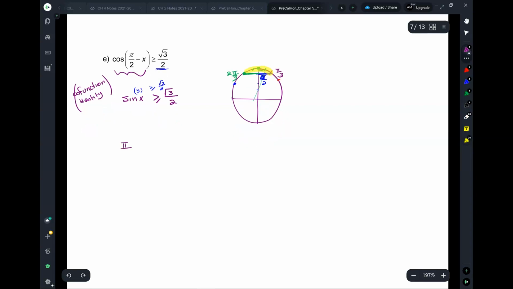So you can either say pi over 3 less than or equal to x less than or equal to 2 pi over 3. And we do less than or equal to because we also want the angle where it equals root 3 over 2. If this was just less than, I would have just used less than. So you can either write it like this, or you can say pi over 3 to 2 pi over 3 like this.